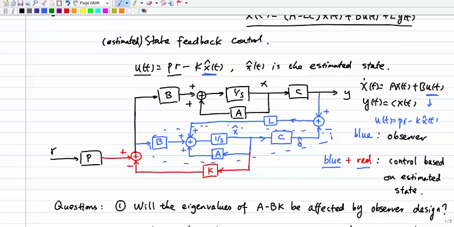That's why this is a closed loop. This is a block diagram for the linear time invariant system with estimated state feedback control law.